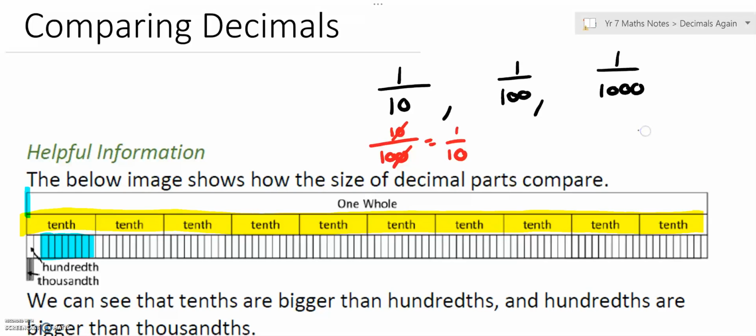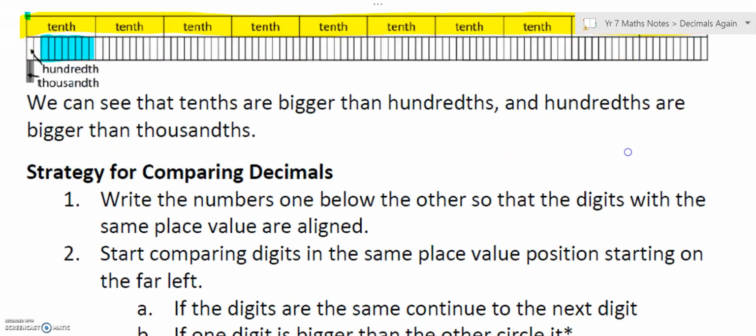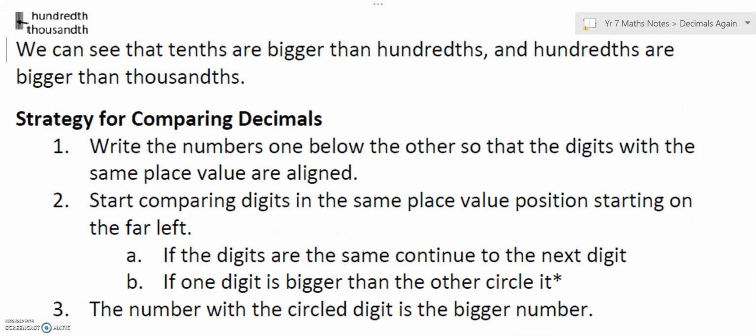Okay, so once we know that and where the tenths, hundredths, and thousandths go, we can start comparing decimals. All right, so we have a strategy for comparing decimals. We write the numbers one below the other, and then we compare the digits.